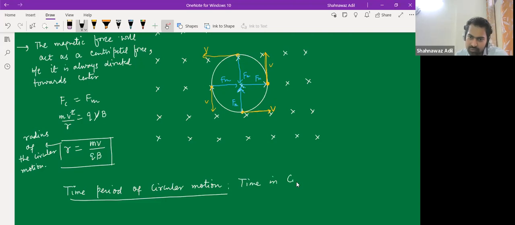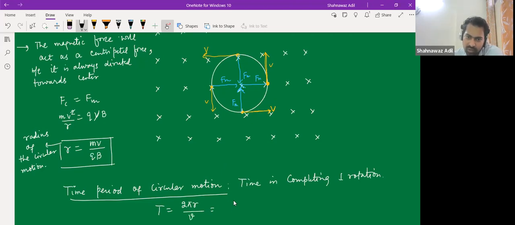The total distance is the circumference of the circle, right? So 2 pi r by velocity.